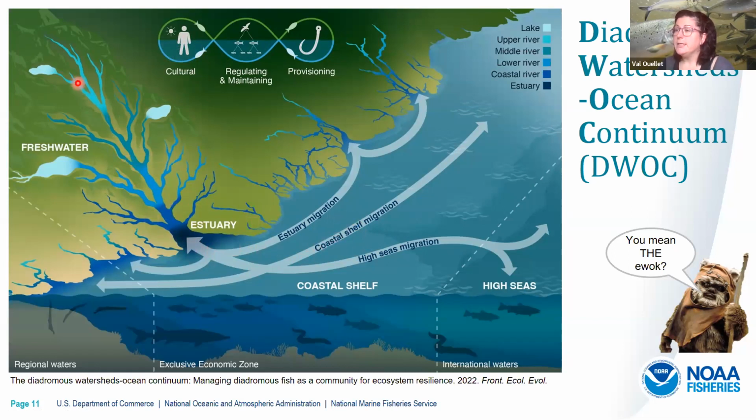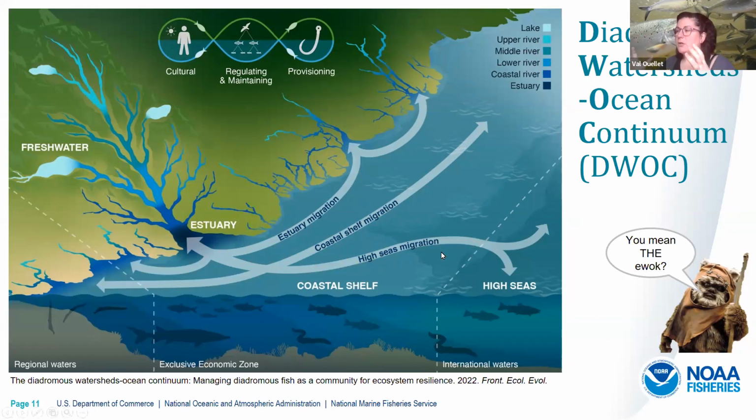So fish move into freshwater ecosystems. Some will go to the headwaters, others will stay in the mid portion, go to lakes, coastal streams, while some species will connect to estuaries, others will do coastal shelf migration, and other species will go to the high seas.